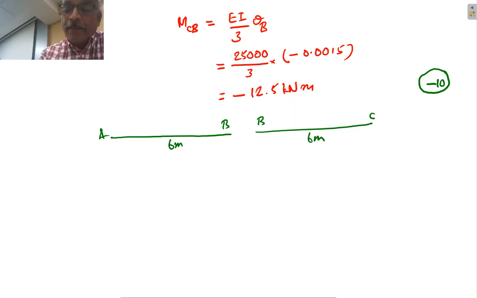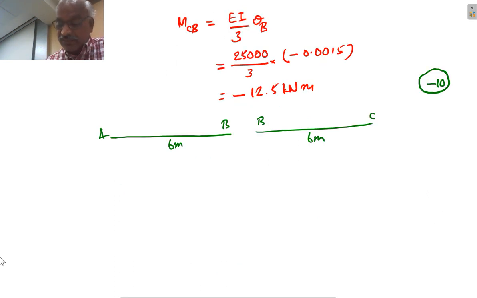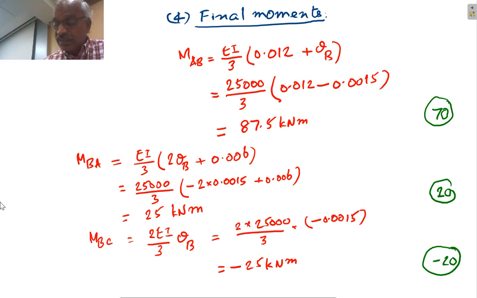Now, the moment MAB equal to plus 87.5. Therefore, this value is plus 87.5.